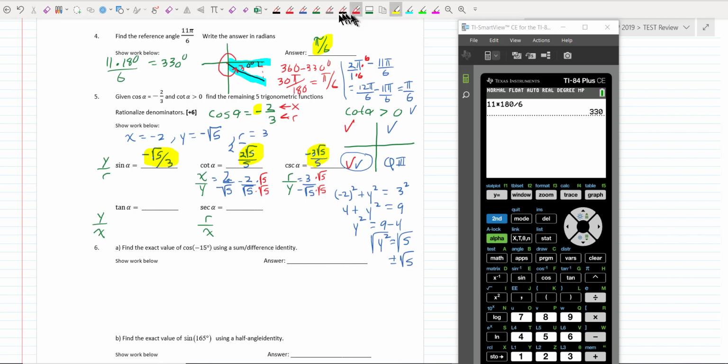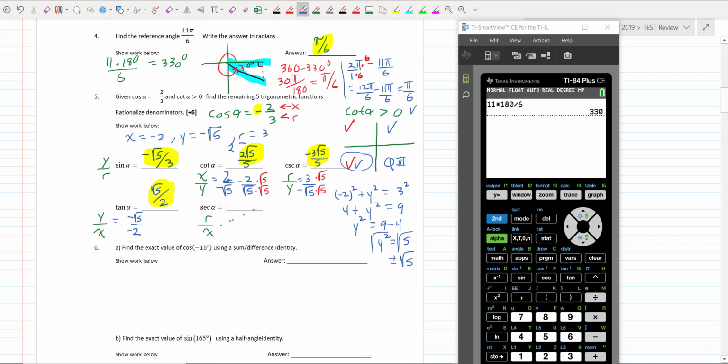Then the tangent is y over x. Y is negative root 5, x is negative 2, so this would be negative root 5 over negative 2, which is positive root 5 over 2. So that would be the solution there.